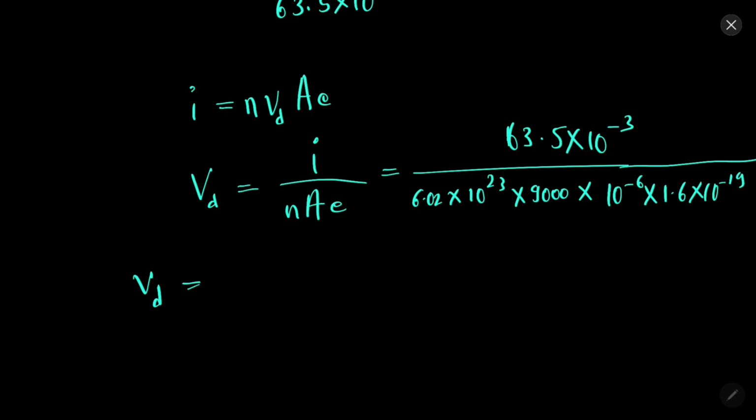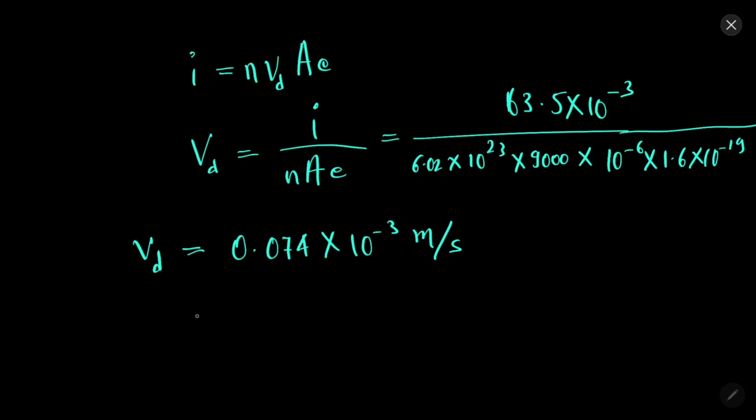So after solving all this, we will get drift velocity equal to 0.074 into 10 to the power minus 3 meter per second, or 0.074 millimeter per second.